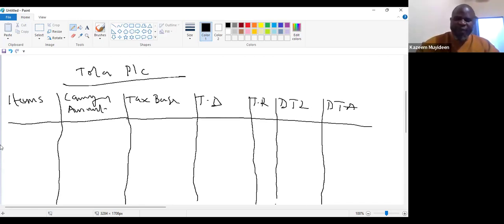Good. The first item in the question, plant and equipment, let's say PPE. The carrying amount was given to be 250,000. The tax base was given to be 218,750.